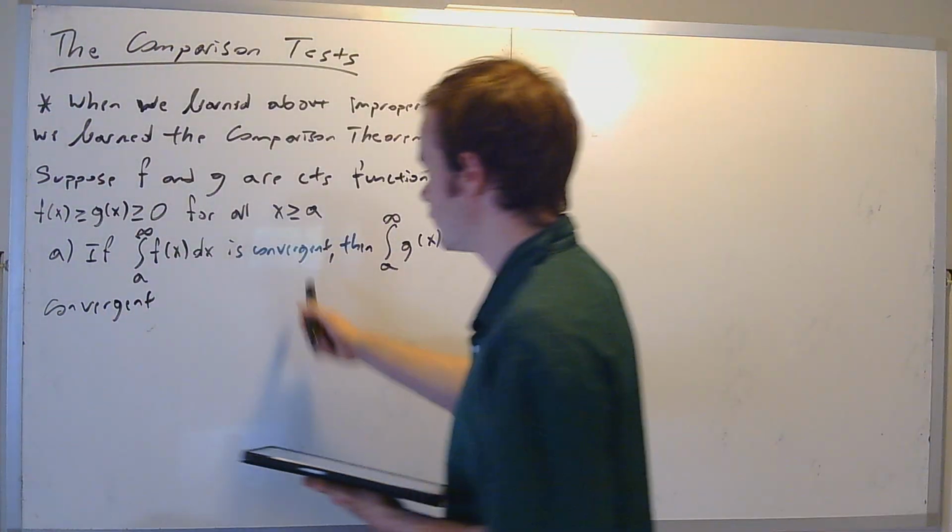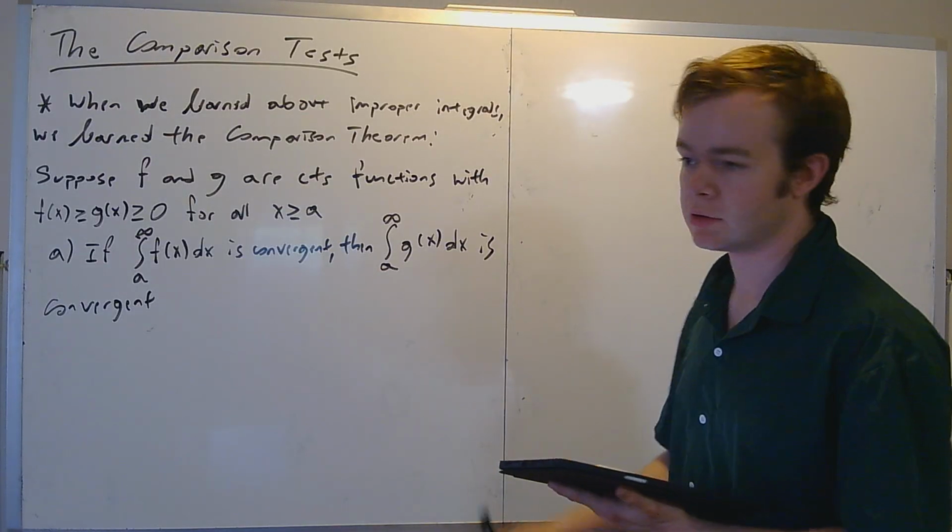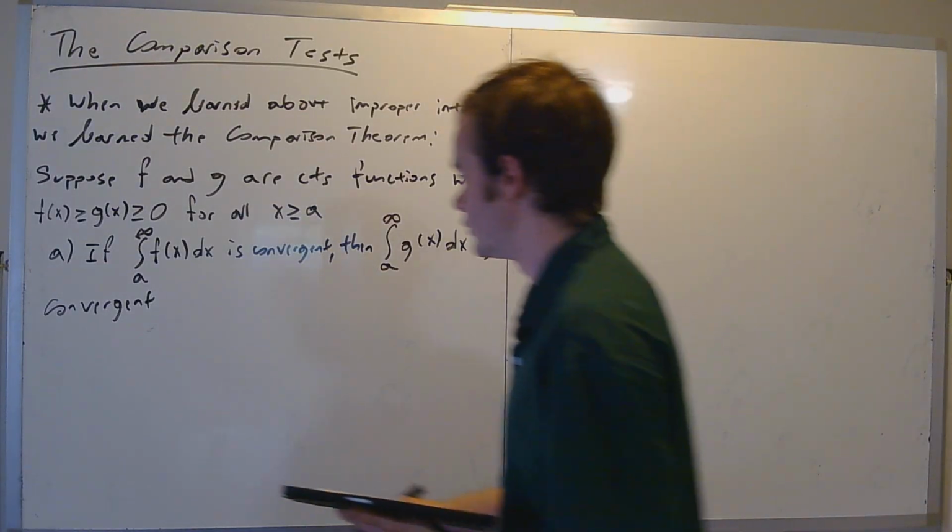Right, so if the bigger function is convergent, then the smaller function better also be convergent.